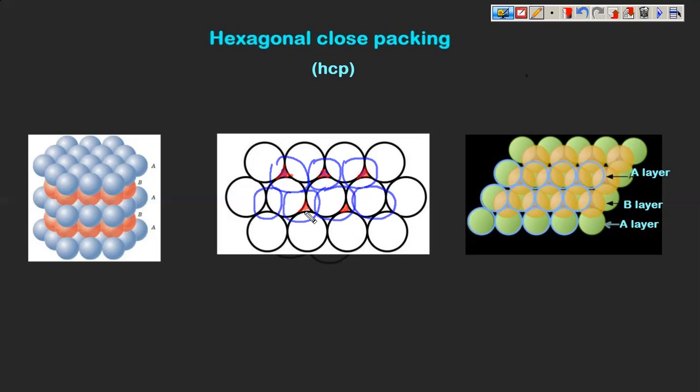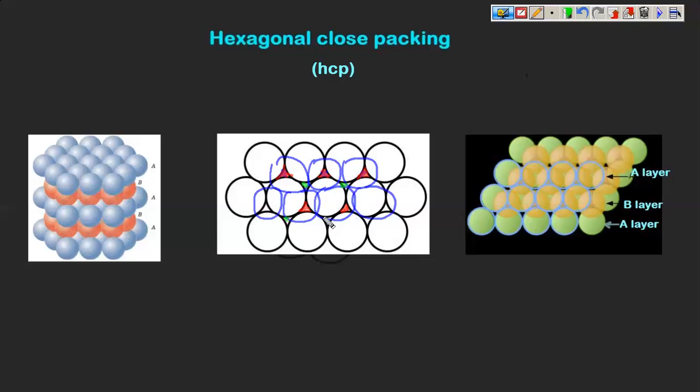Here look at the green void which is formed. Here the voids of the second layer are above the voids in the first layer. So two trigonal voids are above each other.